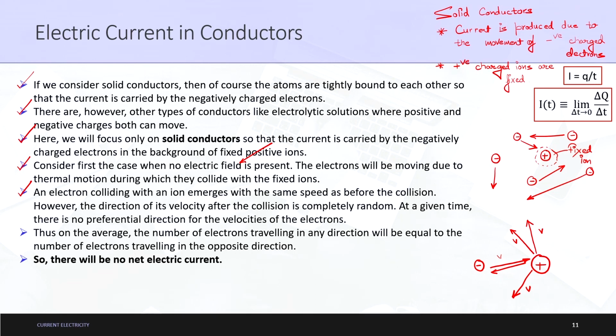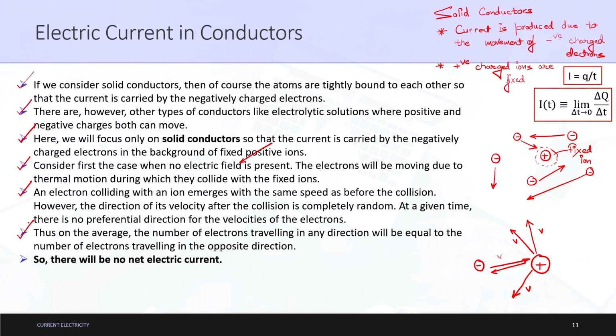Okay. So, at a given time there is no preferential direction for the velocities of the electrons, it can go in any random direction. Thus, on average the number of electrons travelling in any direction will be equal to the number of electrons travelling in the opposite direction.